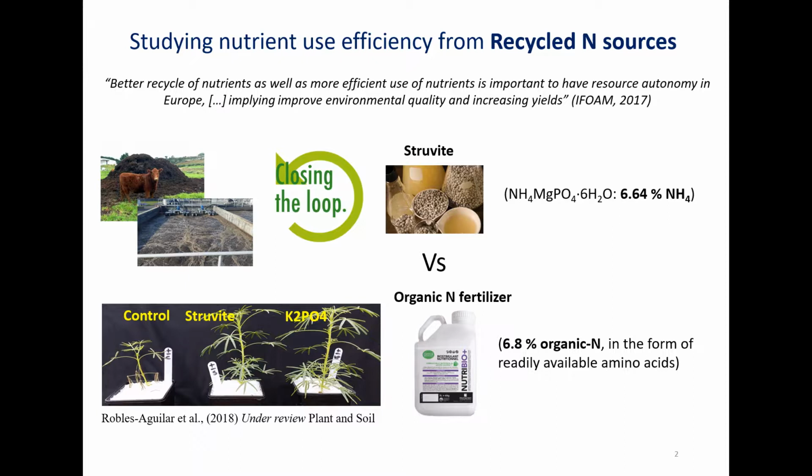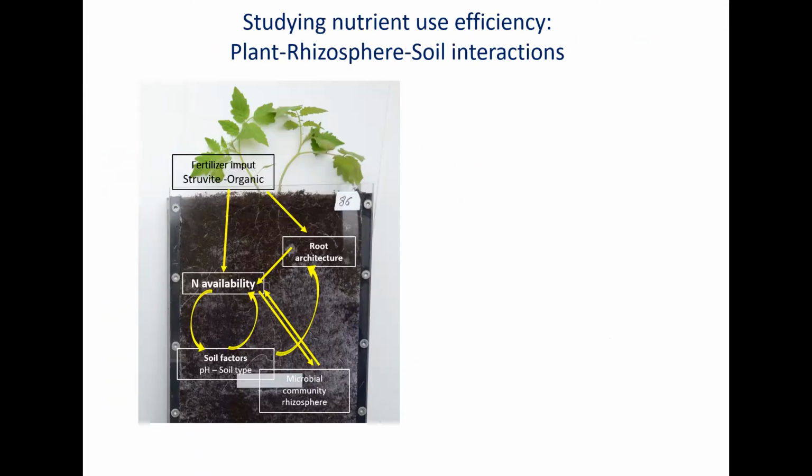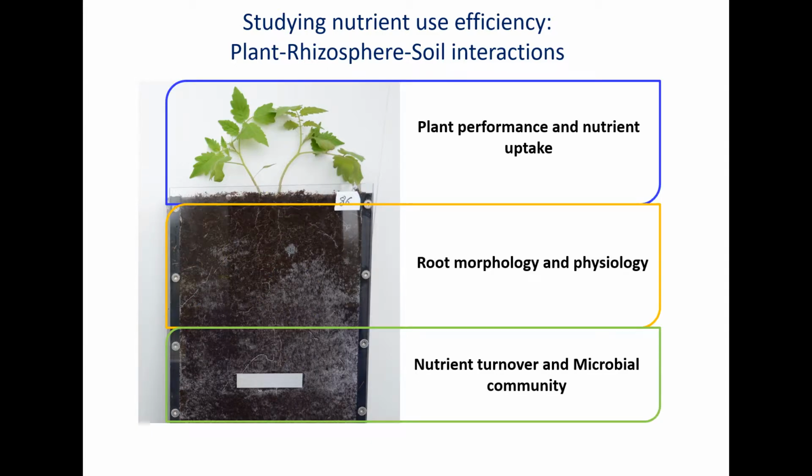There have been a lot of studies on the effect of struvite on plant performance and root dynamics, but mainly on phosphorus. During my PhD, I also focused a bit on that. I tried to find those root traits and also which plant species will increase the use efficiency of struvite as a phosphorus source.